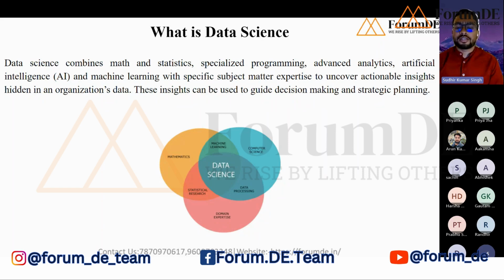We'll be using Python in this course. And it's also the domain expertise, like, I guess all of you are from different backgrounds. Some have engineering backgrounds, some are from banking or any other background. So domain expertise is also required if you want to apply data science to a particular field.